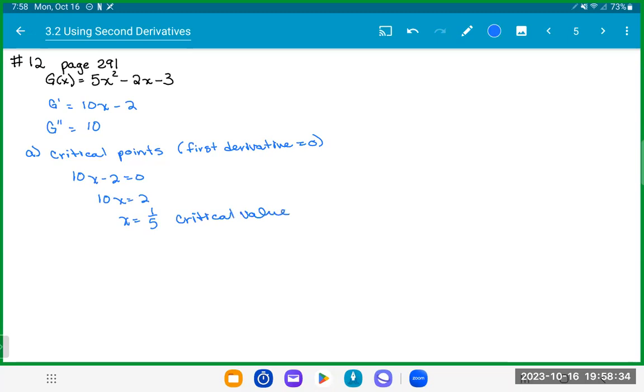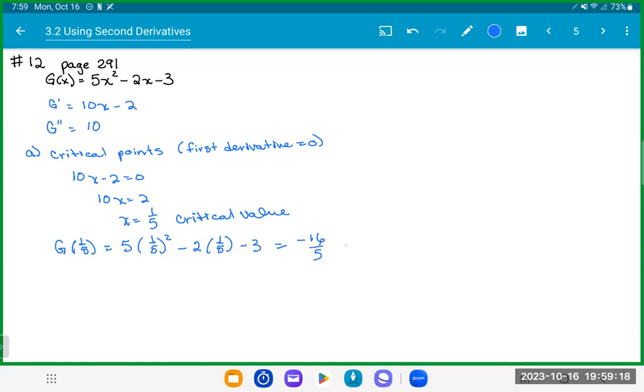Okay, so we'll evaluate our original function at that, and this will give us our y value. And then we'll also evaluate it at our second derivative, and that will give us our max or min. So this gives me 5 times 1/5 squared minus 2 times 1/5 minus 3, and that is negative 16 over 5.